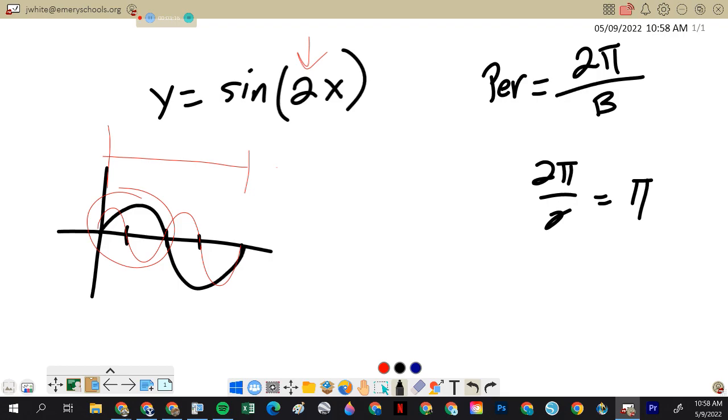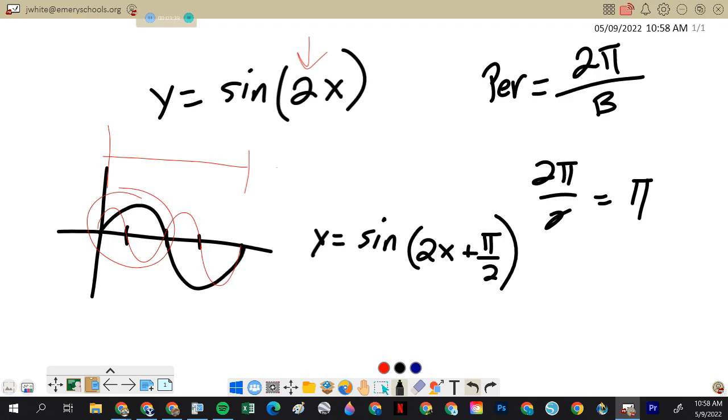Okay? Now, here's something that we haven't talked about that's a little bit weird. If you do a horizontal shift, a phase shift, and you change the period, then things work a little bit weird. So if you had this, that's not going to do what you think it's going to do. Okay?